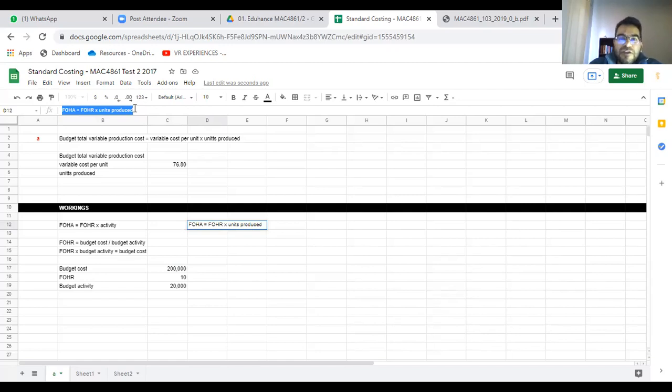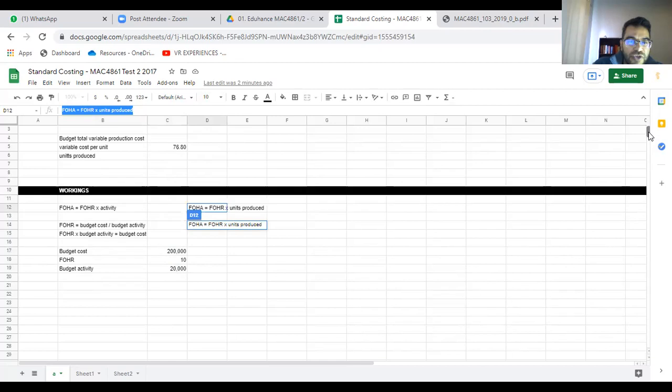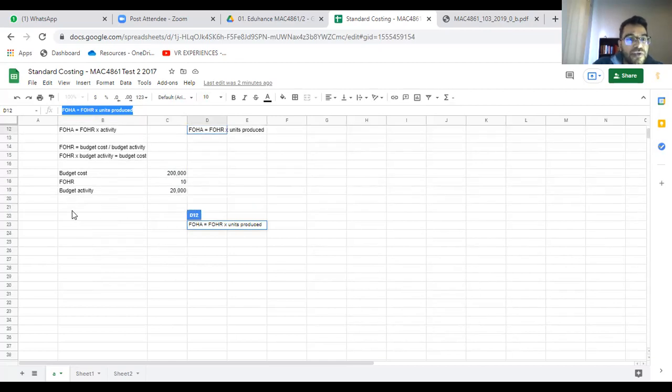But because the activity is not based on units produced, in order to get the units produced, we're going to have to use this adjusted formula, if I can put it that way. I don't want to call it adjusted. You're not going to find the textbook calling it the adjusted formula. I'm just calling it that to make your brain realize the switch. So to get units produced, we're going to use that formula.